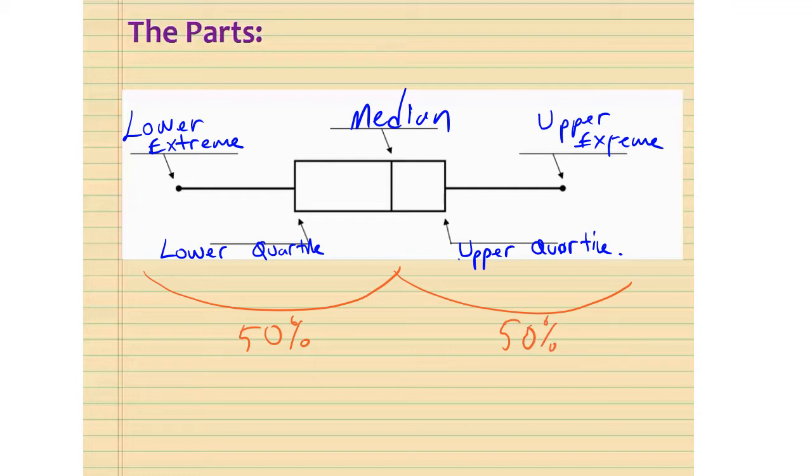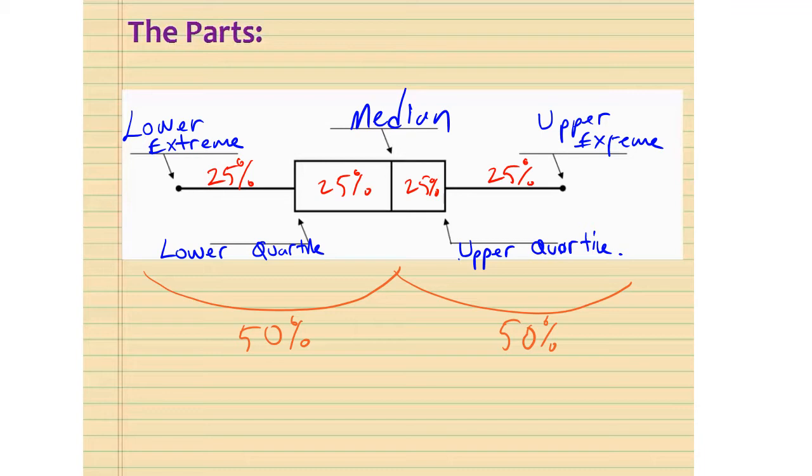Because the lower quartile and upper quartile are new tiny medians on the lower half and upper half, these parts are also separated into 2 equal parts, where we will have 25%, 25%, 25%, and another 25%. This means that 50% of the data will be below the median. 50% of the data will be above the median.